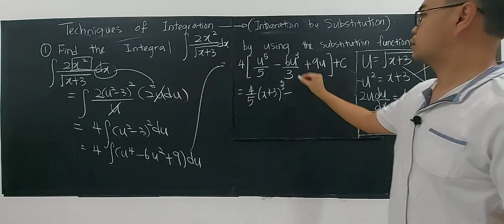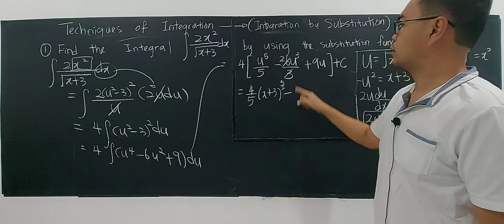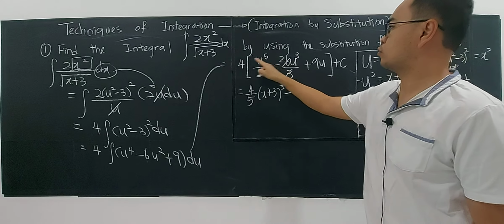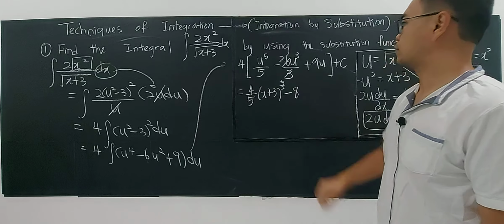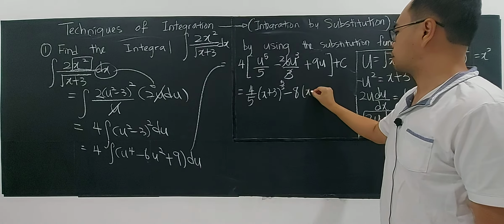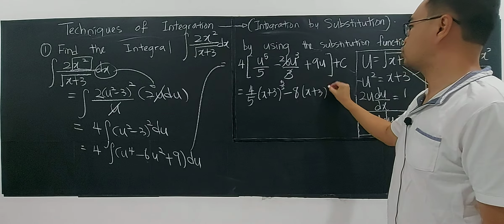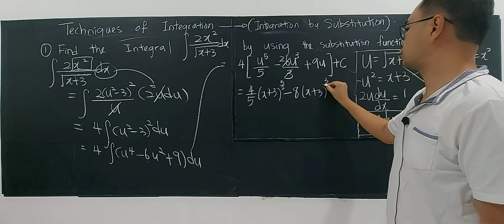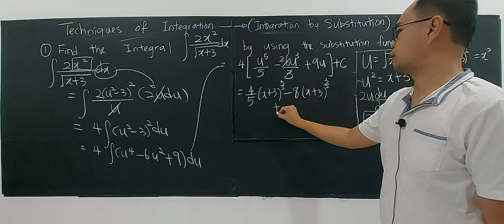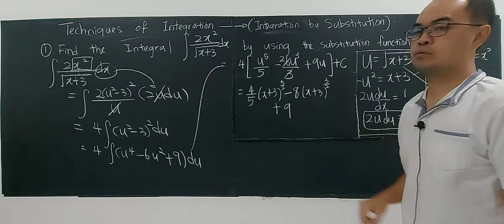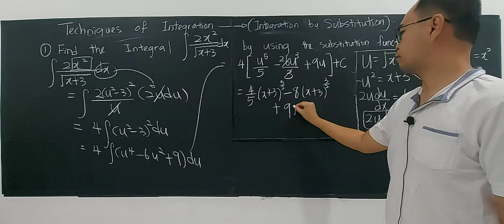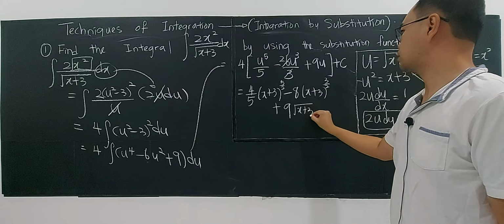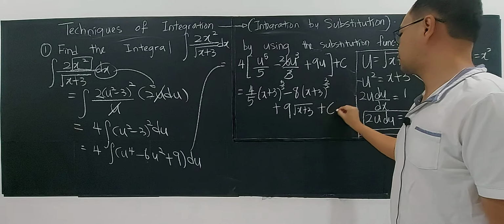And minus, 3 times 2 is 6, 6 times... 2 over 3, 4 times 2 is 8, 8 over... x plus 3 to the power 1 over 2 to the power of 3, so you have 3 over 2, plus 9u, where u is the square root of x plus 3, and finally plus c.